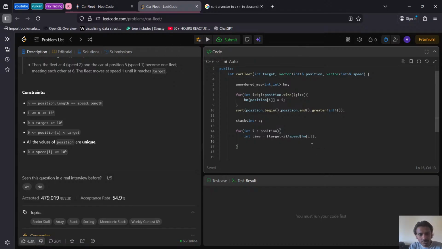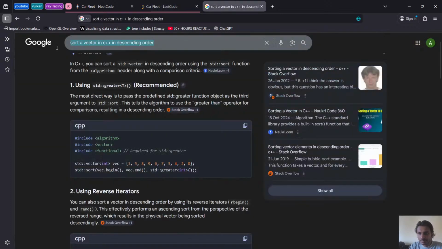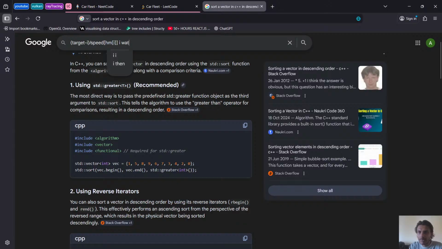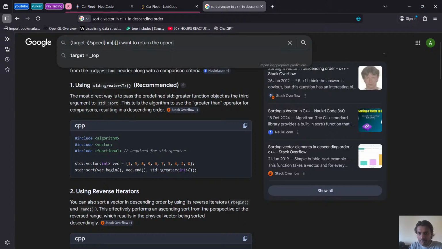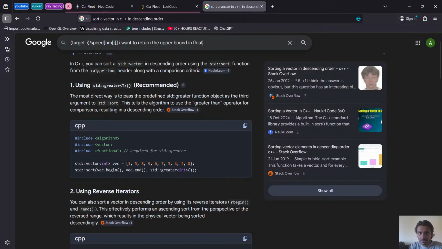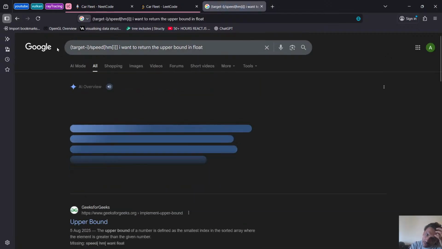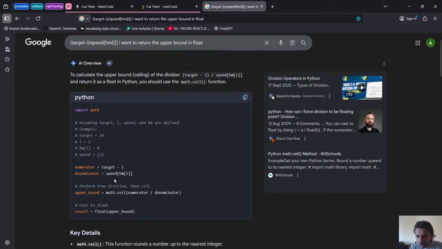Now we will have the time, but we need this to be rounded up. Like for 4.5, we need 5 instead of 4. How can I do the upper bound if it is float?